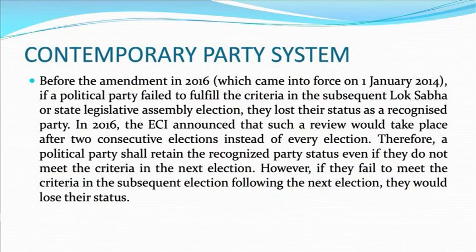In 2016, the ECI announced that such a review would take place after 2 consecutive elections. Therefore, a political party shall retain the recognized party status even if they do not meet the criteria in the next election. However, if they fail to meet the criteria in the subsequent election also, then they would definitely lose their status.